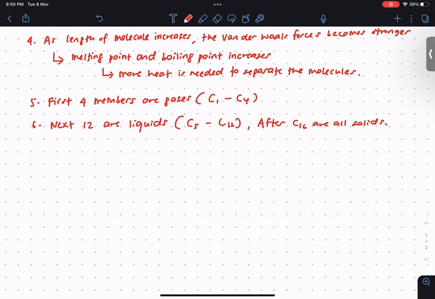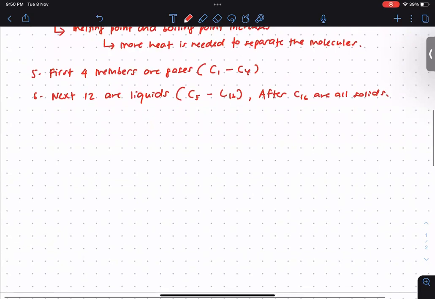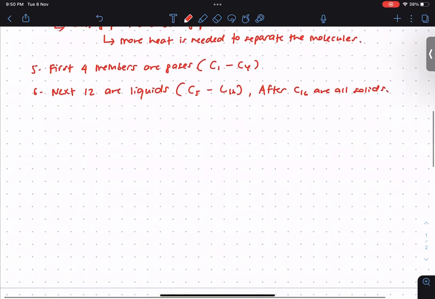What's the difference between intermolecular force and van der Waals? Van der Waals is a type of intermolecular force. When we talk about intermolecular force, we're talking about forces that pull the molecules close to each other. For example, you can see methane over here.